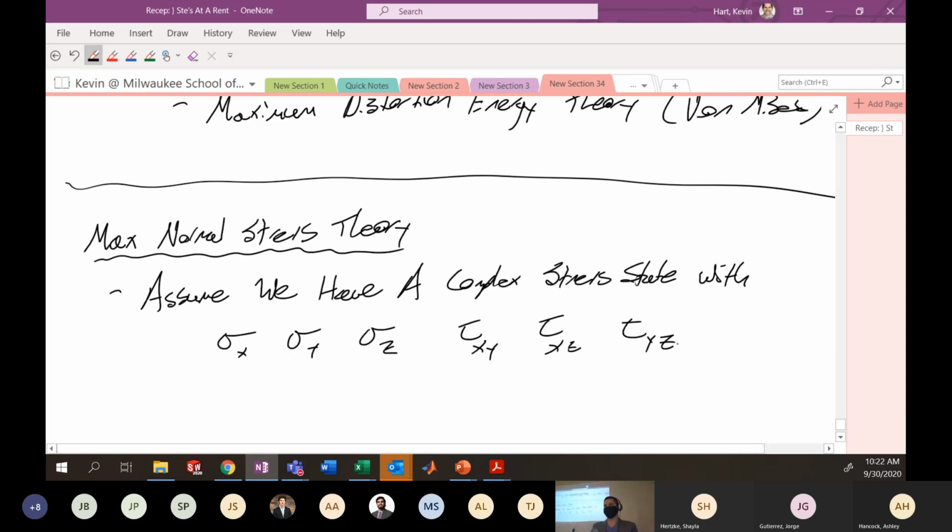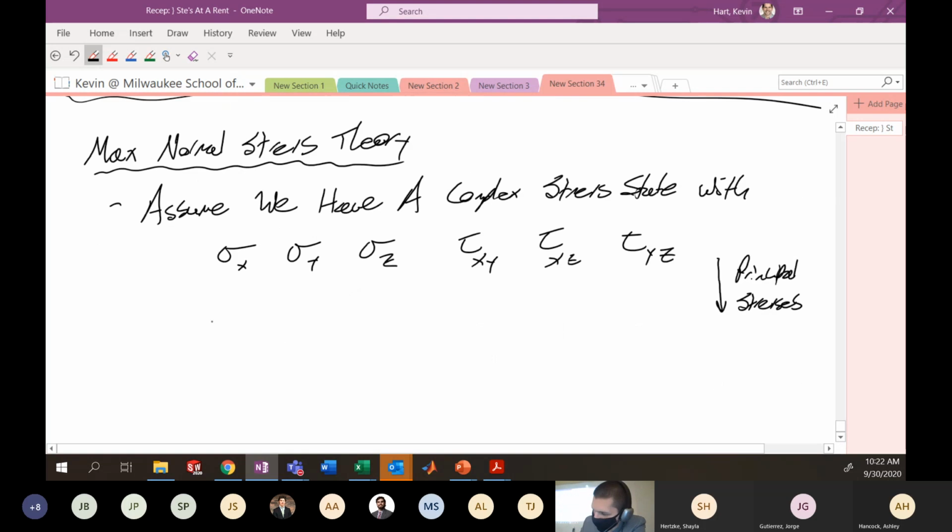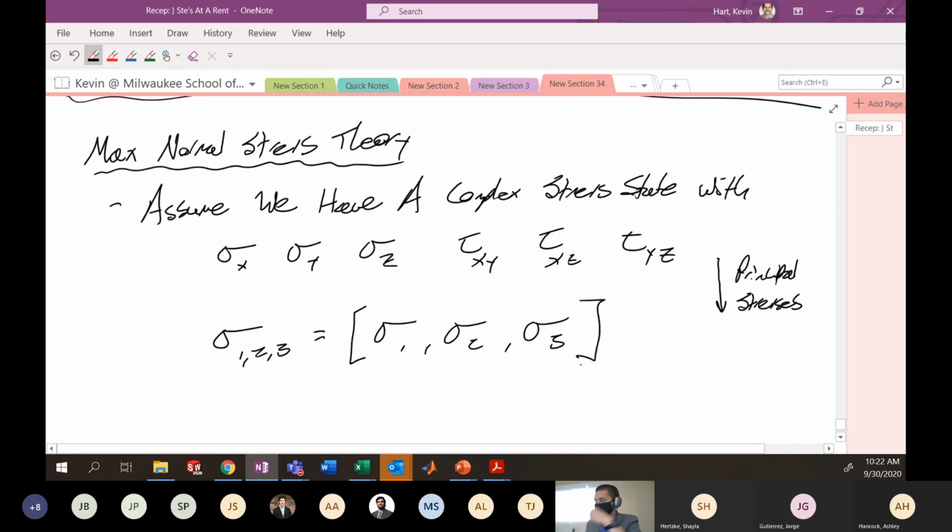Stress at a point can have all 6 of these possible values. Now let's say that we have done our analysis with these 6 values to get principal stresses. We just talked about how to do that, okay? So we do analysis and we get sigma 1, sigma 2, sigma 3, right?